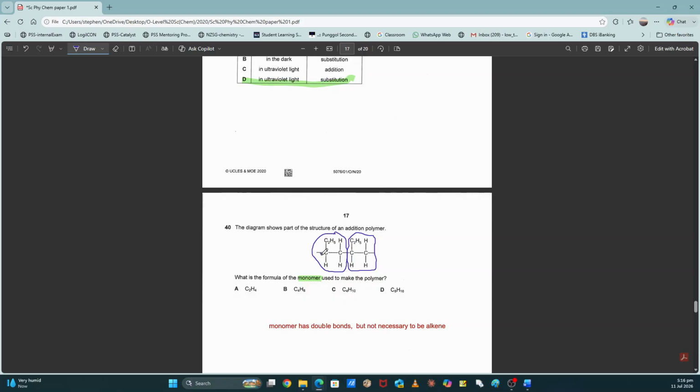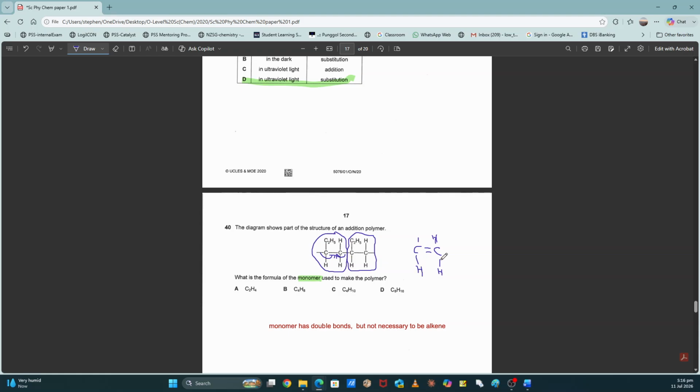Then imagine you bring this bond back. Okay, so you see a C double bond C like that. And then the rest are the same. So this is the monomer.